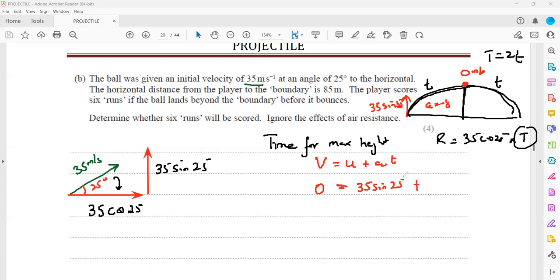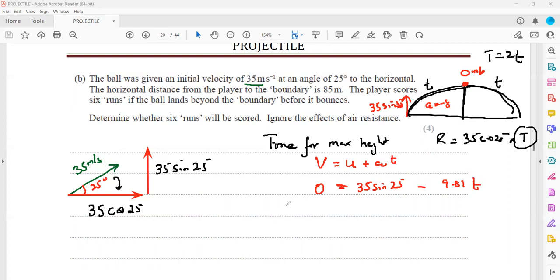Then plus the acceleration due to gravity, which is minus 9.81, so that's why I wrote negative. So I can write minus 9.81 into t.